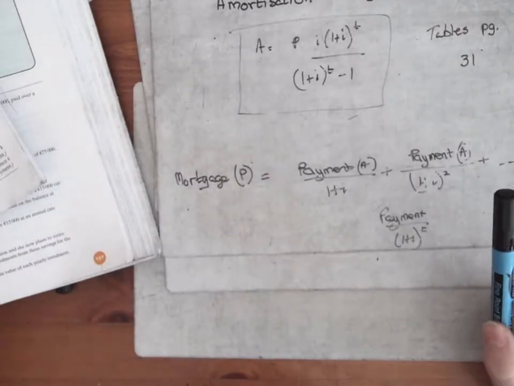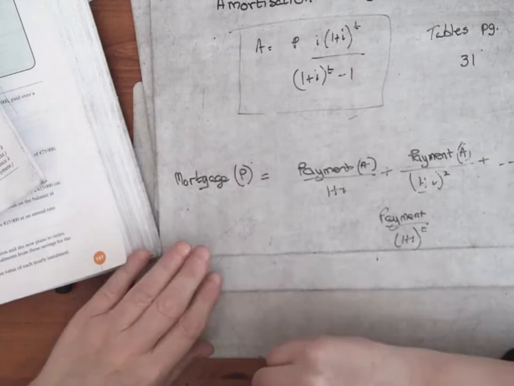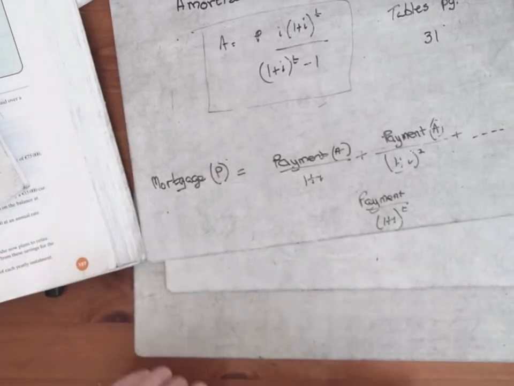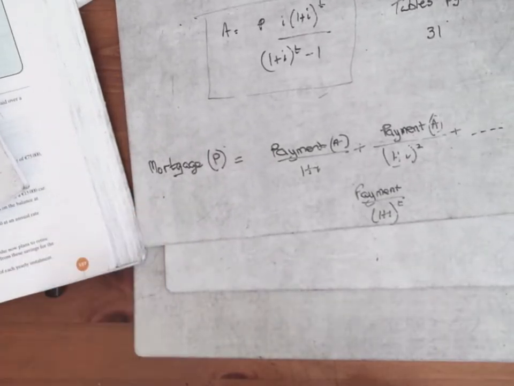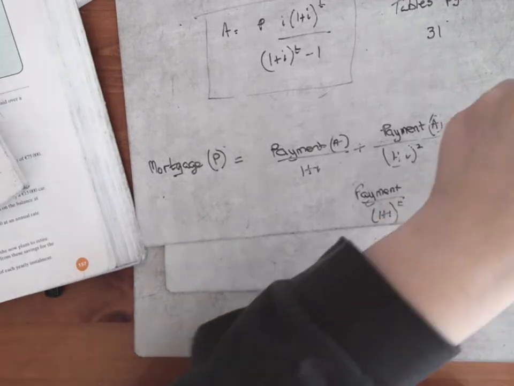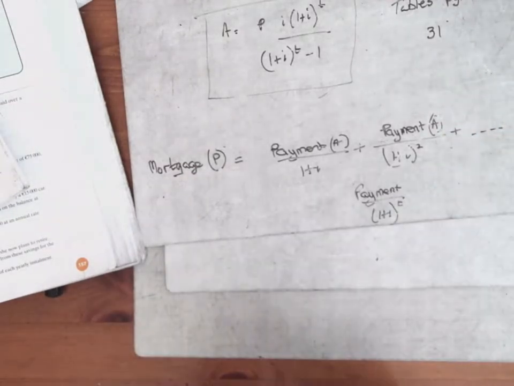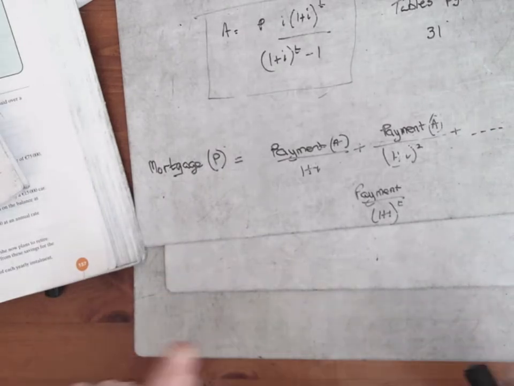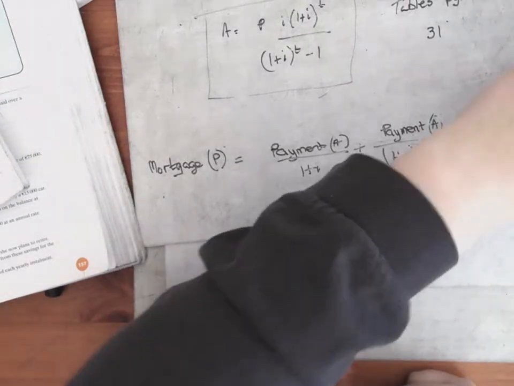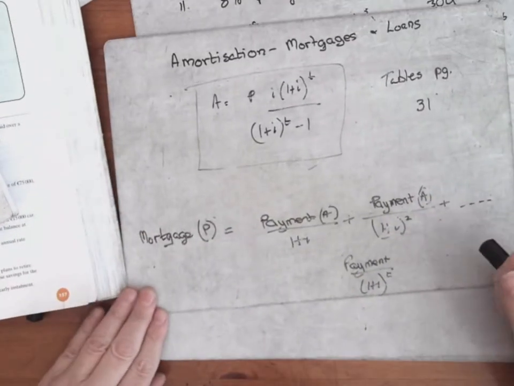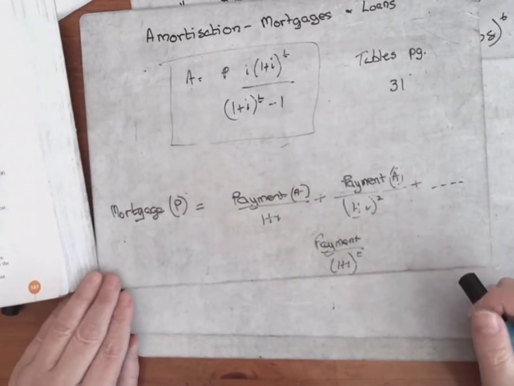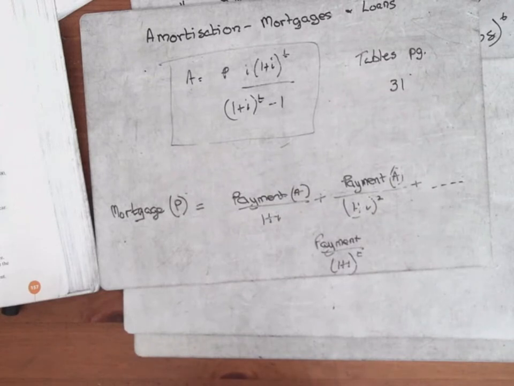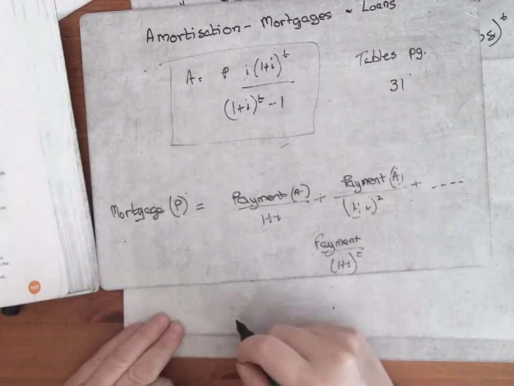So what amortization is, is how you pay a mortgage, right? Every month you pay a certain amount, and that's the monthly interest. So you pay the interest and you pay a bit off the principal. So this is me scribbling here at the bottom.